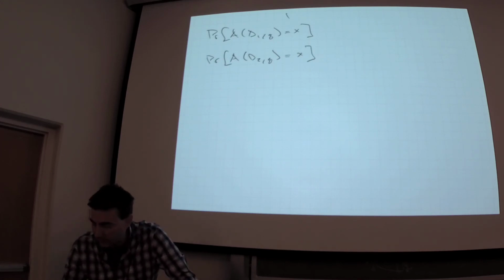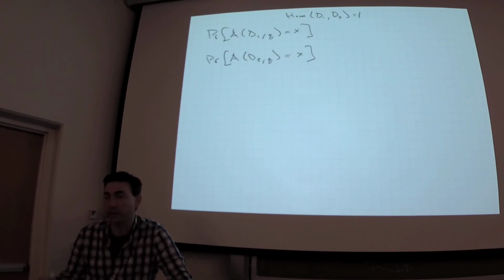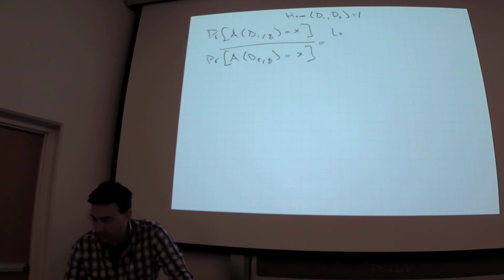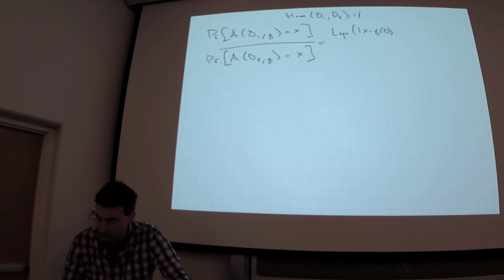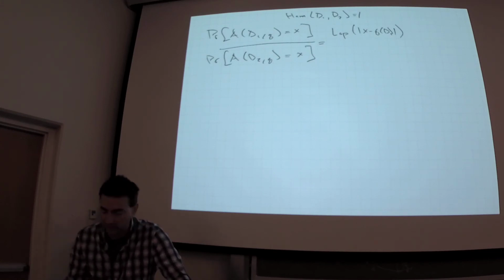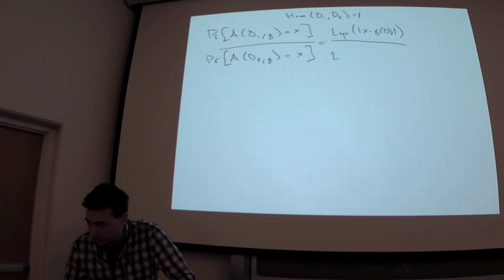And I'm going to guarantee that, I don't know what D2 is, but the Hamming distance between D1 and D2 is only equal to 1, right? And I'm looking at the ratio of these two things, and the answer you're actually seeing is going to be x minus the query of D1. So if I think the answer is D, I'm going to add Laplacian noise onto here.